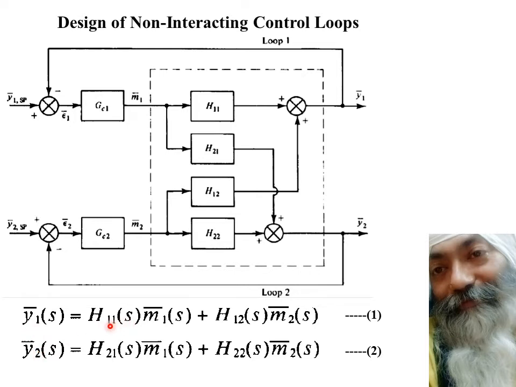This h11 should be replaced by h22, this m1 is replaced by m2, this h12 is replaced by h21, this 2 is replaced by 1. So we have a very simple trick: replace all 1's by 2's and all 2's by 1's. So your equation number 1 will become equation number 2. Your upper loop equations will be similar to the lower loop equations. The simple difference is that 1 is replaced by 2 and 2 is replaced by 1.